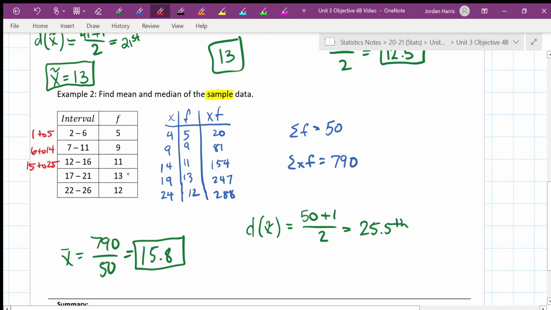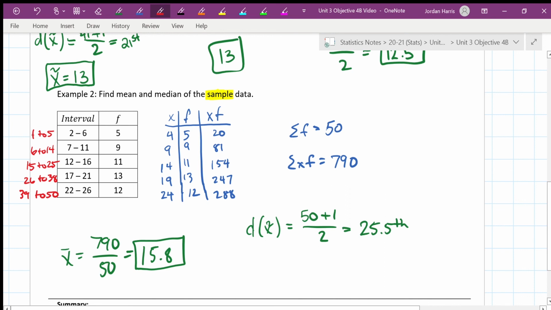The next 13 numbers are a 19, frequency of 13. So that's 26 to 38. And the last 12 numbers are a 24. So that's 39 to 50. And if you did it correctly, you should end on that.